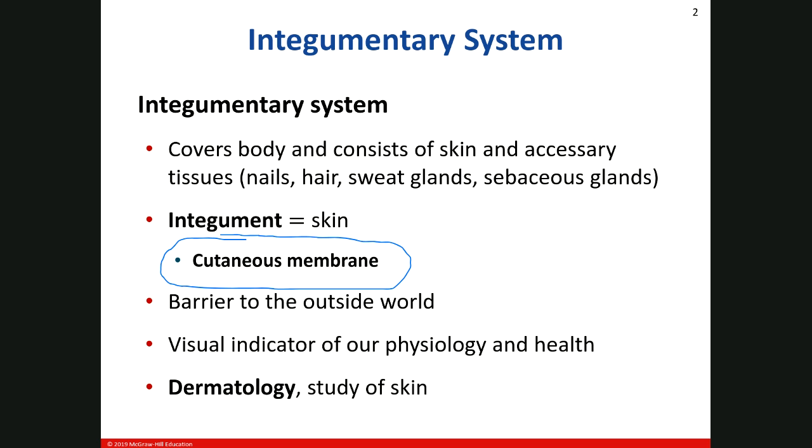One of the things we talked about when we were discussing the functions of epithelium and also the cutaneous membrane is that it's a protective barrier on the external surface. In this case, it's the external barrier on our body, a barrier to the outside world. The world is a very difficult place, and there's always something trying to bring you down.